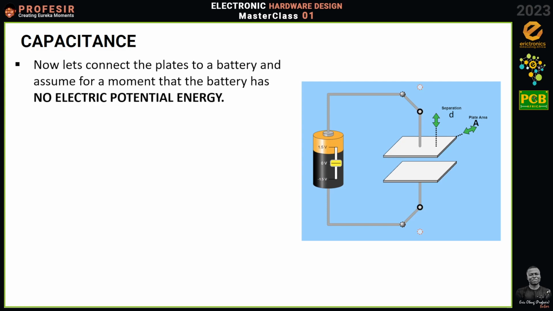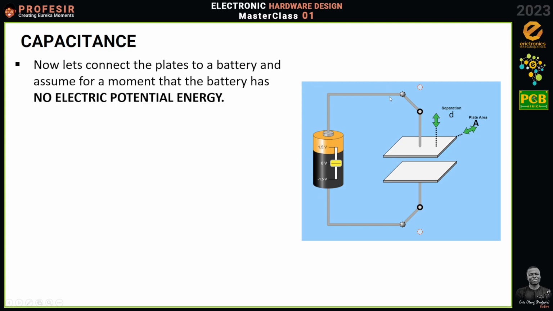Now let us connect a battery to these plates like that, using another set of copper wires, and initially we are setting the battery's voltage level to zero. Take note, setting the battery voltage to zero simply means that the battery has no charges at the anode or the cathode.